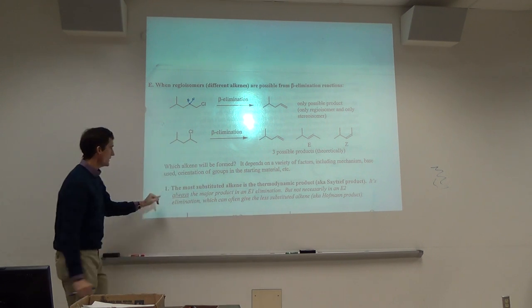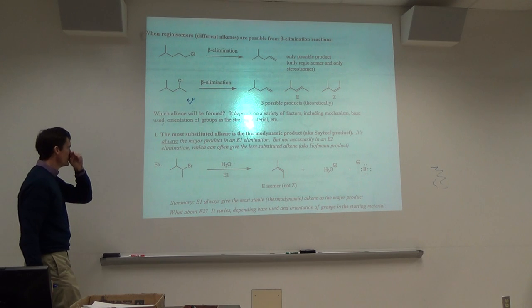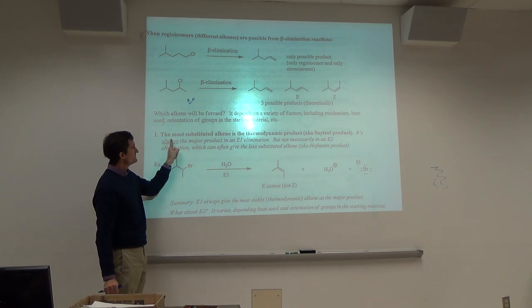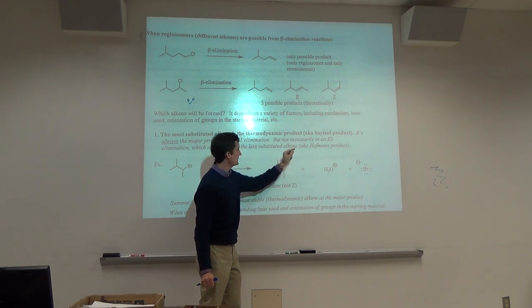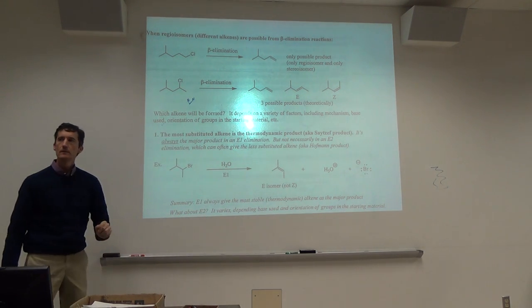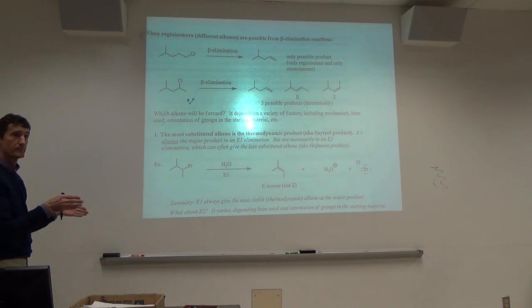The first thing we want to talk about is a statement: the most substituted alkene is the thermodynamic product. But we knew that, right? If you're looking at two alkenes that are isomers, isn't the one that's most substituted the more stable product? We've said that multiple times.